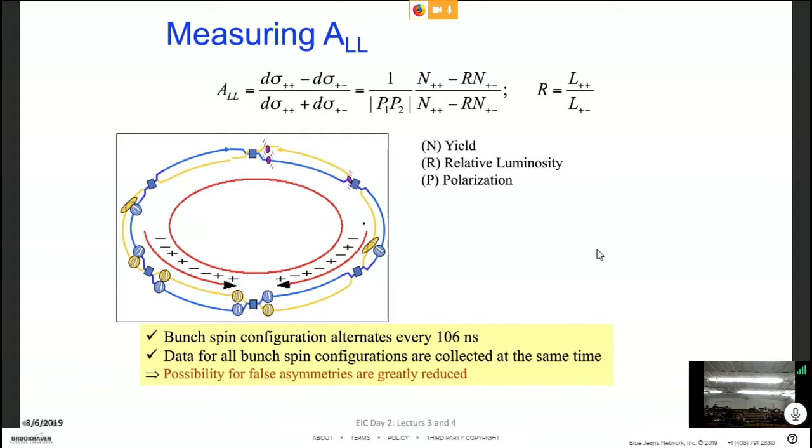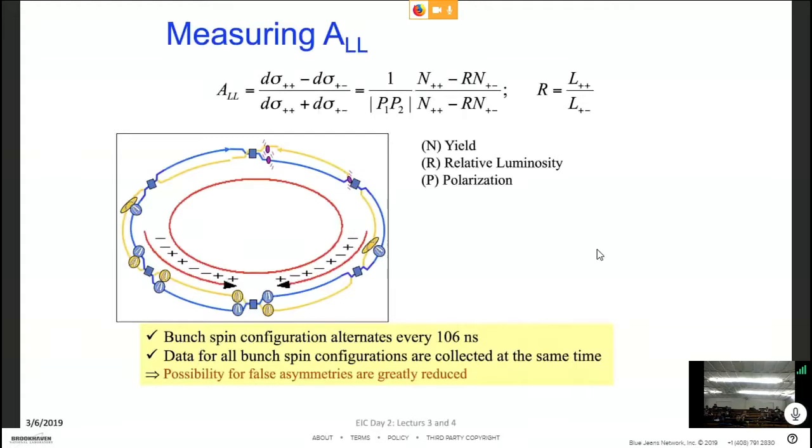But the detector-related problem is solved very easily in colliders. We fill the beam, one coming this way and one coming that way, with different spin orientations. These are different bunches: plus, plus, minus, minus, plus, plus, minus, minus, and each bunch is separated by 100 nanoseconds. That's easy to do because we are just filling the bunches that way.